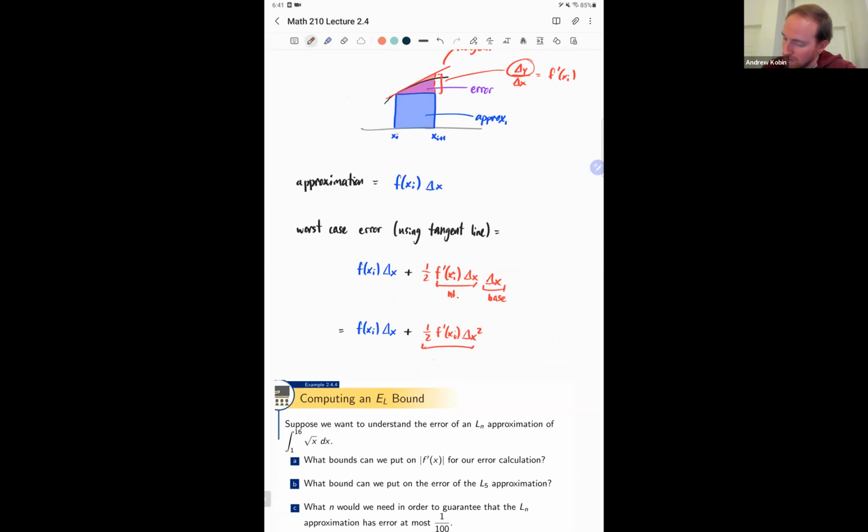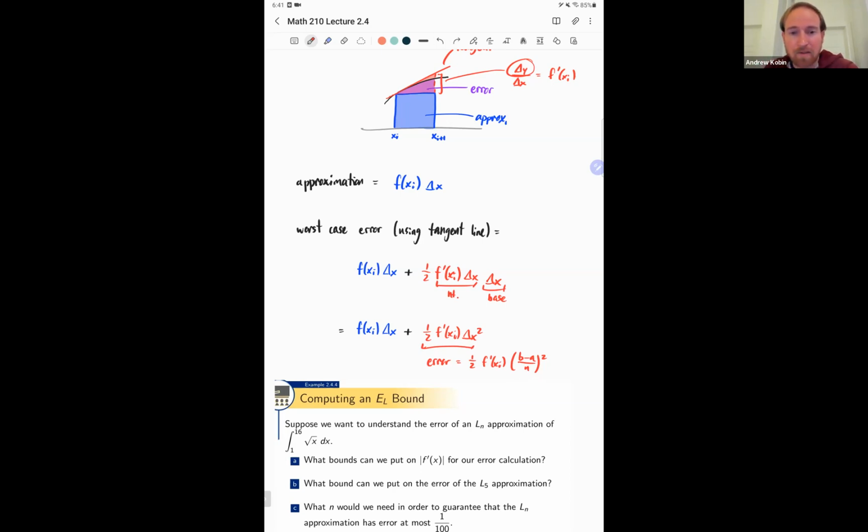So the error here is equal to 1/2 times the derivative times delta x squared, which is really (b minus a) divided by n, squared. That's our formula for delta x. And if you say that f prime of x can be no worse than some number s on this interval, then that's how you get the formula with s involved. So you'll see that there's a (b minus a) squared and an n squared in that formula. And sorry, there's a single n because we're going to add up n copies of this error bound.